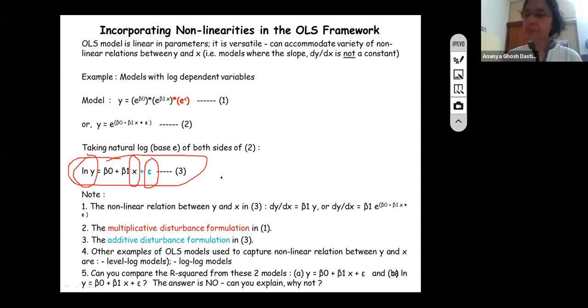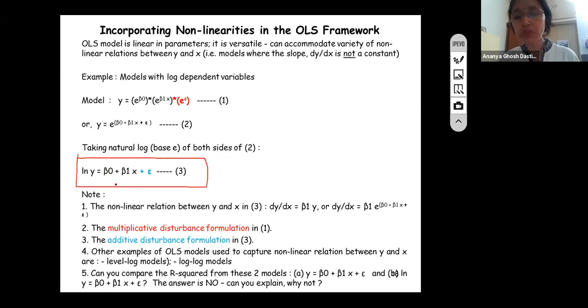In a hurry, maybe I've made a certain lack of uniformity in the notation, but epsilon also denotes errors. U, epsilon, all of these denote errors. And alpha or beta naught, both of these denote the constant term. So this is the basic model where log of y is equal to beta naught, which is the intercept, same as alpha, plus beta 1 into x. So beta 1 is the slope coefficient and x is the explanatory variable.